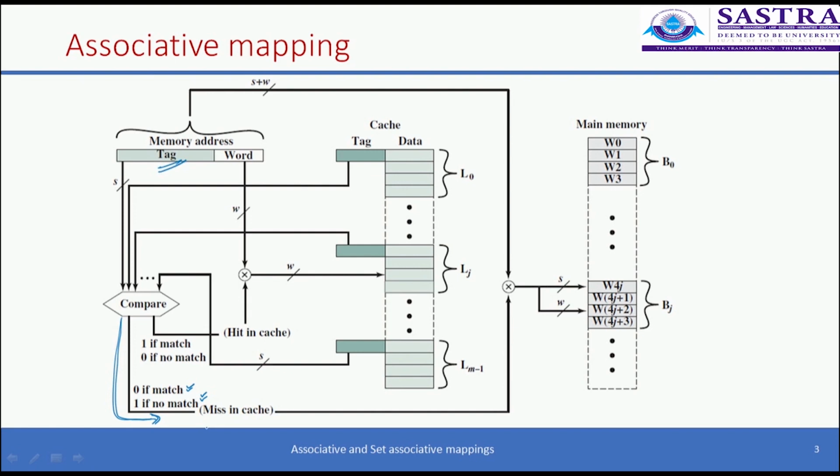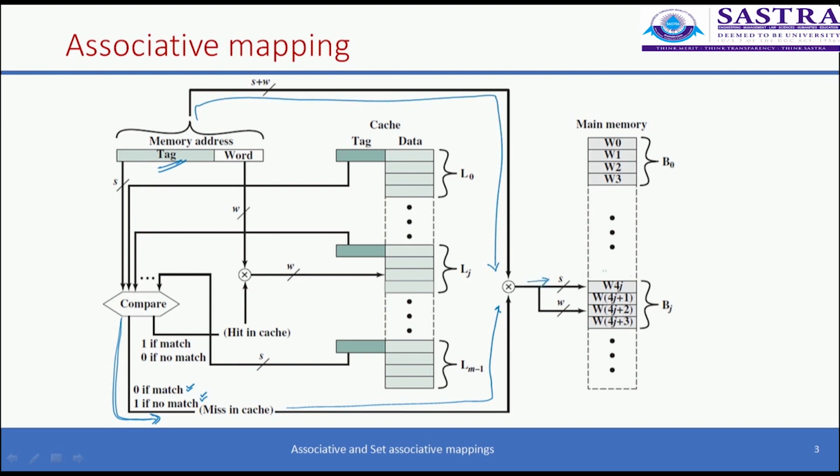At that time there is a miss, so the block which has the address should be moved to the cache and then read. So, that will happen here. The whole memory address is used to identify the block.